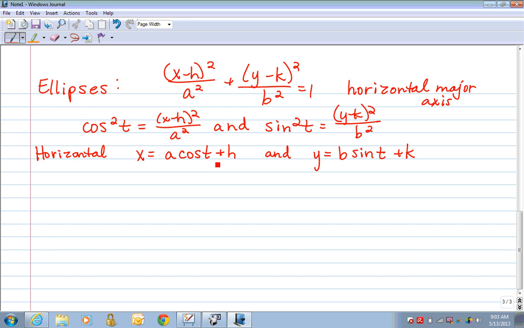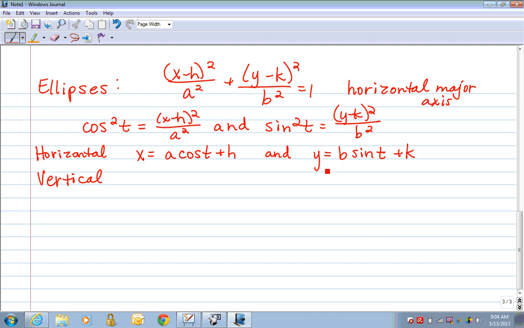Notice that the h is always with the cosine. Remember, cosine represents the x value. Then the sine representing y, the k is always with the y, just like we know from our equations from before. So for a vertical, the only thing from the original equation that switches is the a squared is under the y value.